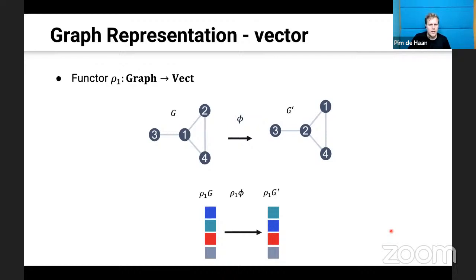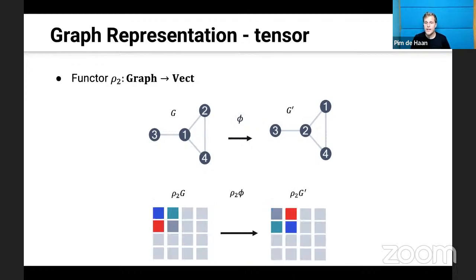So in this case, we map, for example, node 1 to node 2, and that's why we map the first dimension to the second dimension in the vector space.